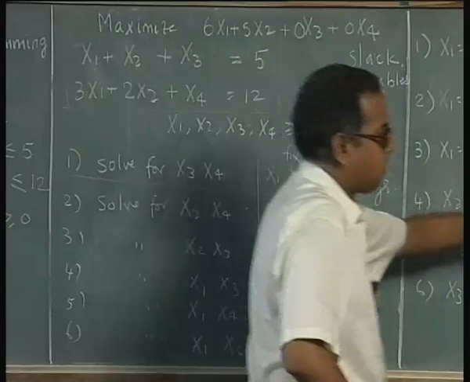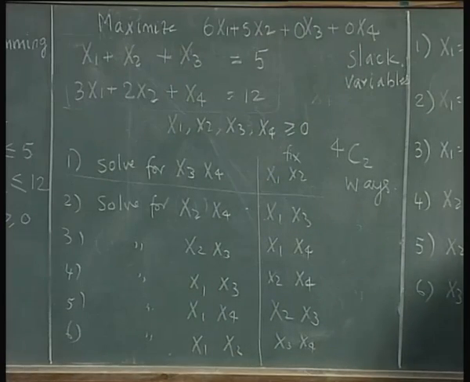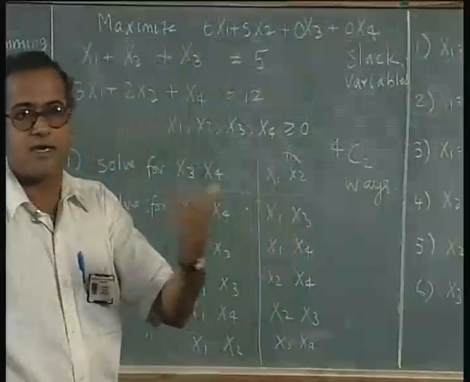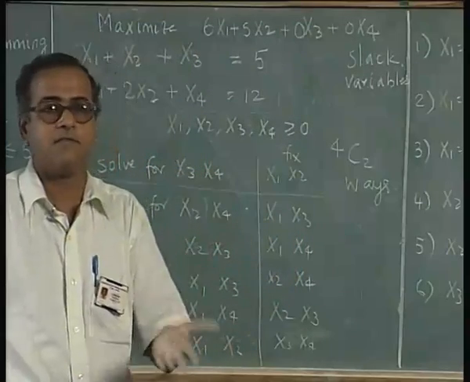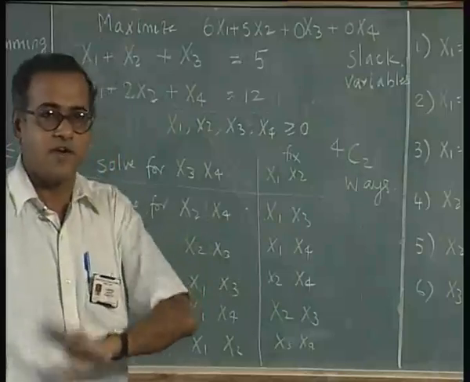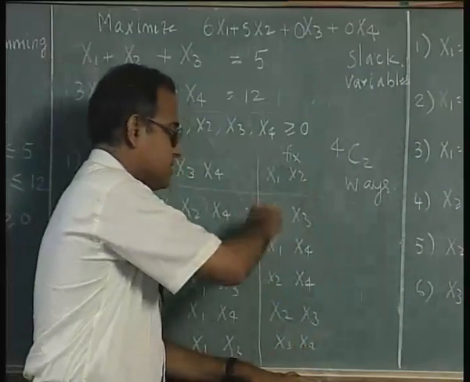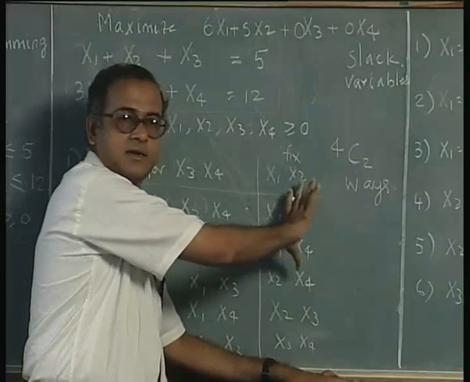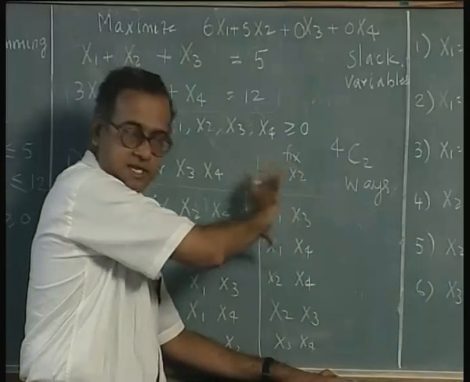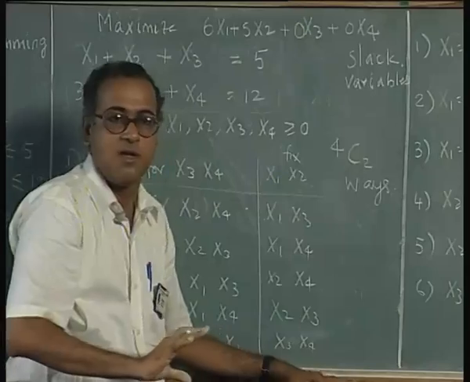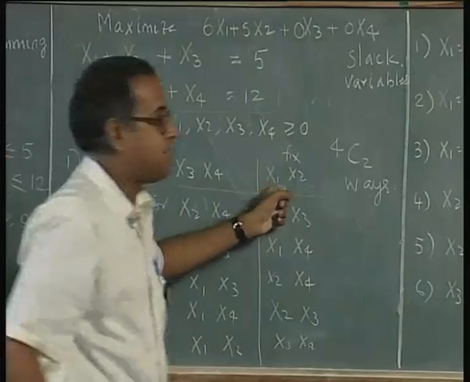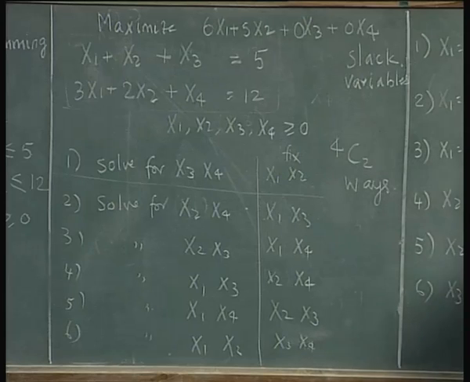So, we can now show that every corner point is actually got by fixing these values at 0 and not at any other non-negative value. To put it differently, it makes sense only to fix these at 0 and not at any positive value other than 0, because by fixing them to any positive value, we end up evaluating a point which is inside the region.